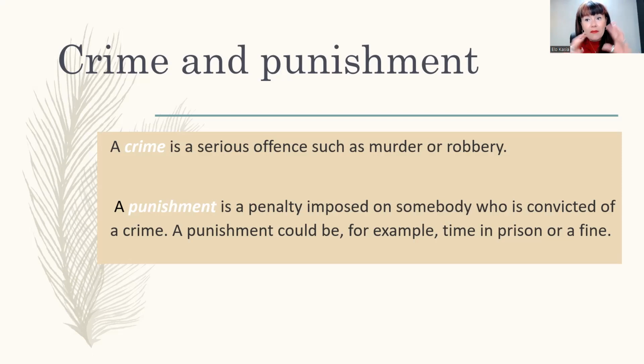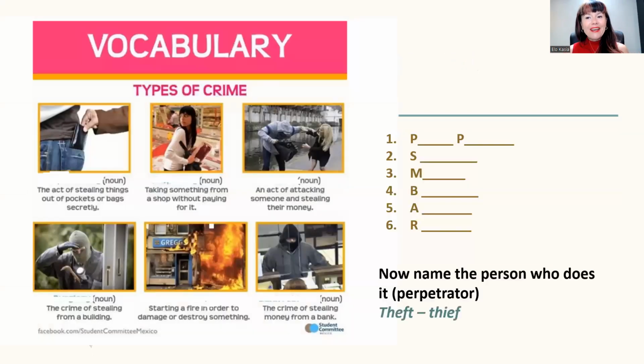So crime and punishment. So now we are going to have a look at some vocabulary to do with types of crime. And I want you to have a look at the pictures and try to guess the different types of crime.